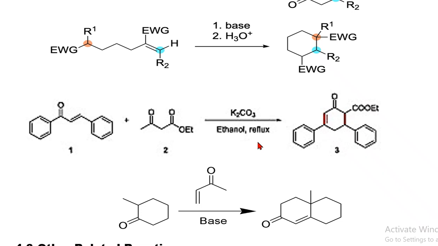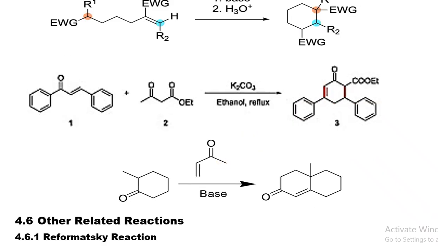Another example here, the base removes this proton, and it will add to the alpha beta unsaturated compound. And secondly, this proton can also be removed to generate a carbanion, and the carbanion will attack this carbonyl to give the Robinson reaction here to give this product.